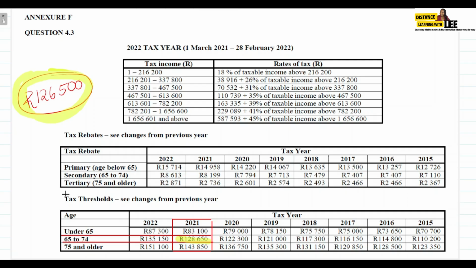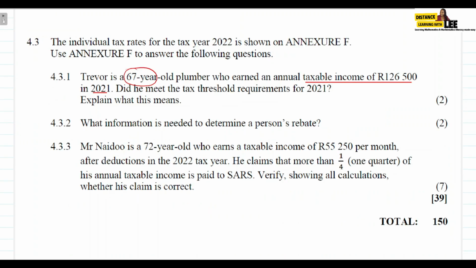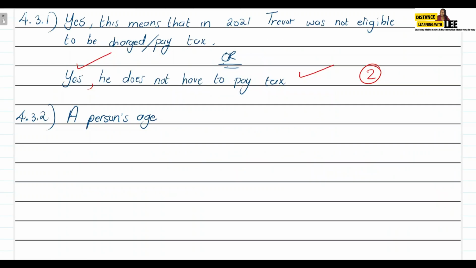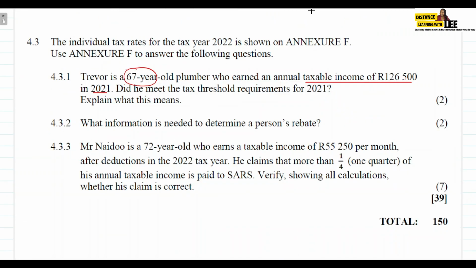From here, what do we see? We just need the age of a person. So a person's age is what is needed to determine a person's rebate, and you will get 2 marks for saying a person's age is required to determine a person's rebate.